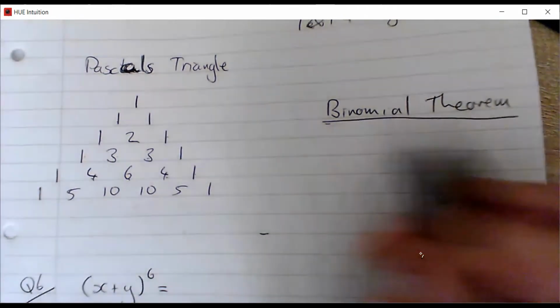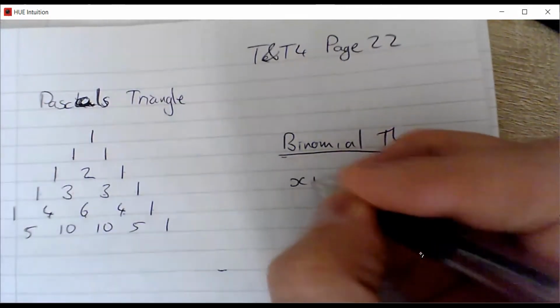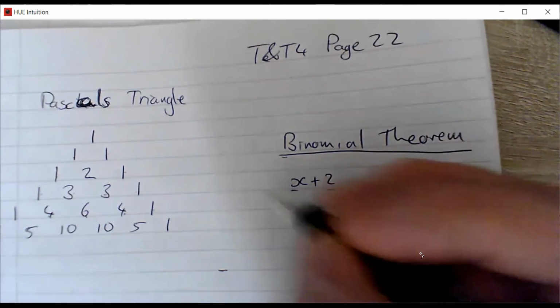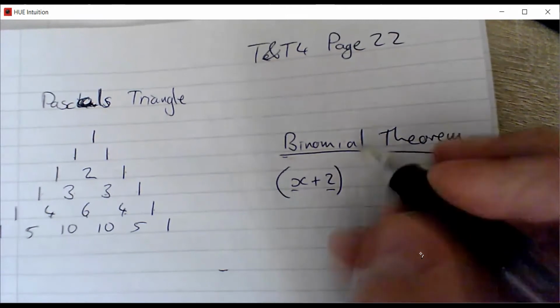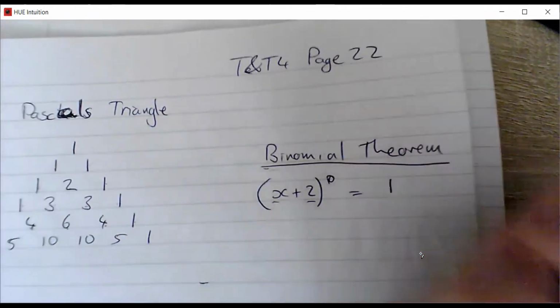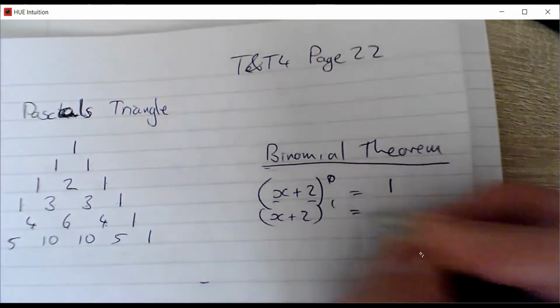We're learning about something called the binomial theorem. Now, a binomial is something that looks like x plus 2. It's something that has 2 terms, okay? And the binomial theorem is about raising that to some power. If I raise it to 0, anything to the power of 0 is 1. x plus 2 to the power of 1 is just x plus 2.